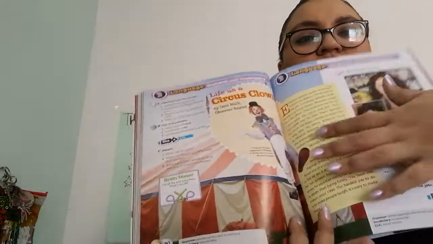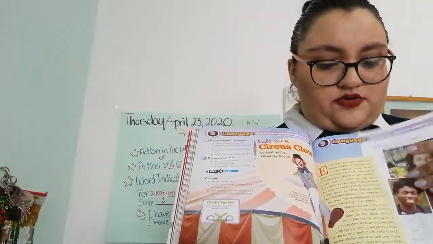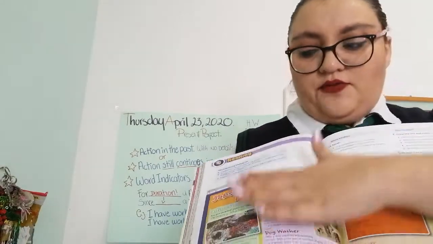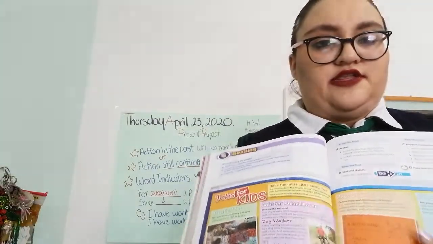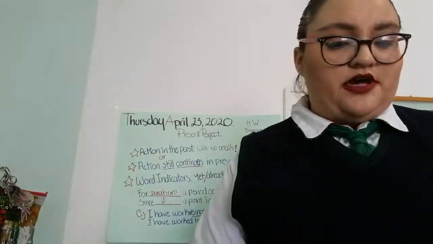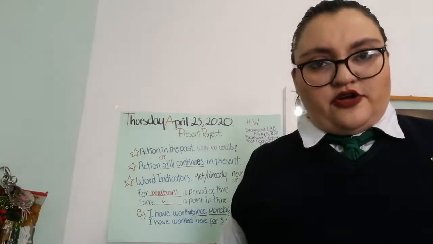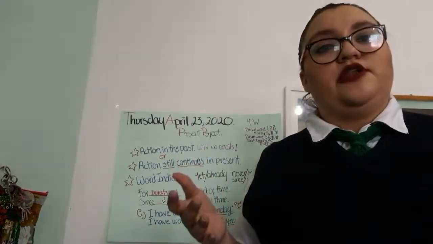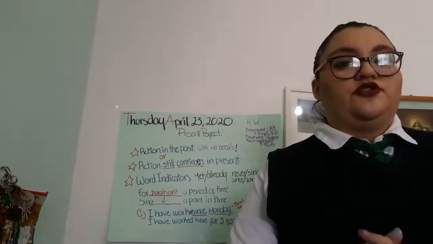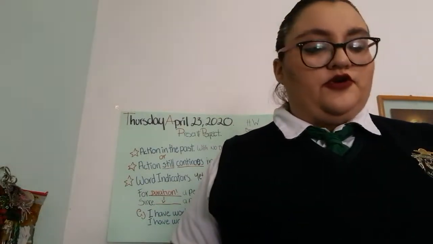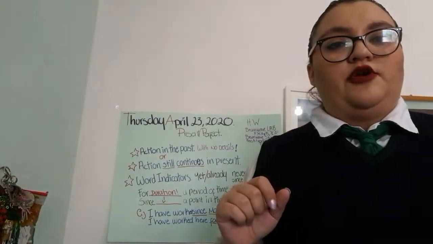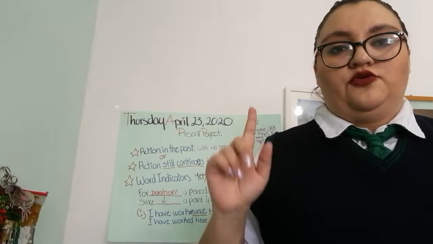Then we go to pages 92 and 93 and we read Jobs for Kids. Remember, we did an unusual jobs conversation topic. If you have it, you can go ahead and read it to refresh your memory. If not, that's completely fine. But please do read the Brainwave student's book, pages 92 and 93.